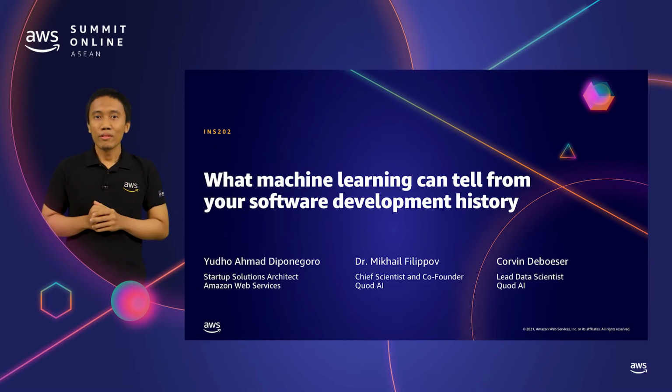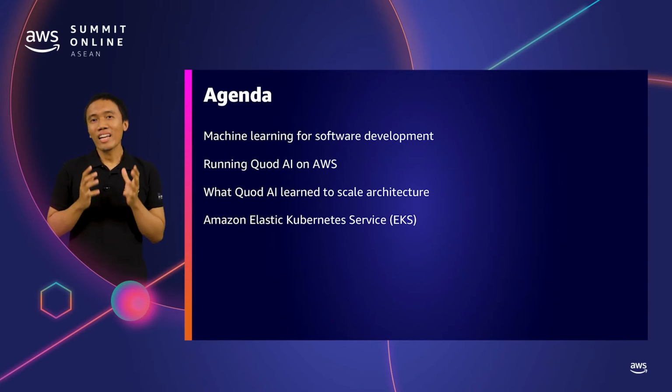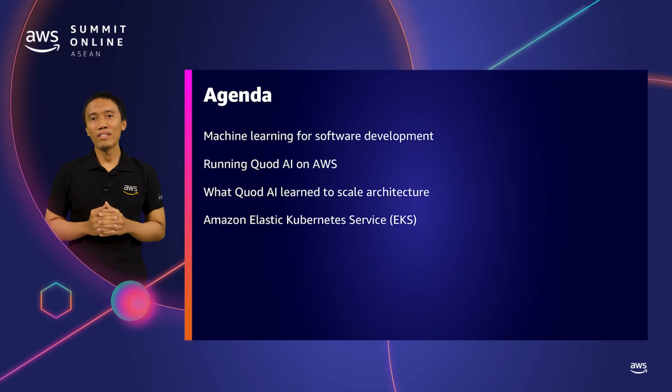We will have Dr. Mikhail, who is the chief scientist and co-founder of Quod.ai, and Corvin, who is the lead data scientist. I hope that by the end of the session, we will learn these points. Firstly, how we can utilize machine learning to improve our software development process, and how Quod.ai can provide a solution for this.